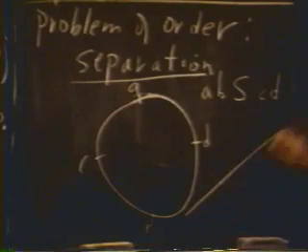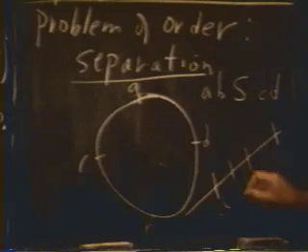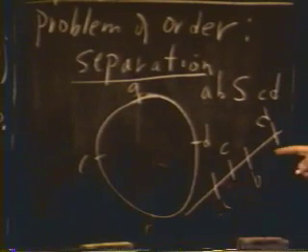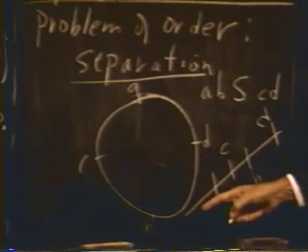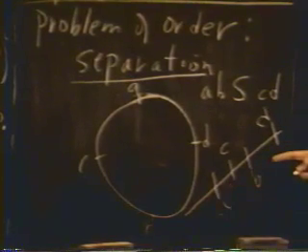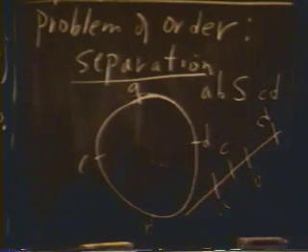So if we have, for example, a line, the order looks like this. We'd have AB, CD, and that kind of separation under any projectivity or under any appropriate automorphism is preserved. We'll have more to say about that, but it's an interesting and important case of ordering.